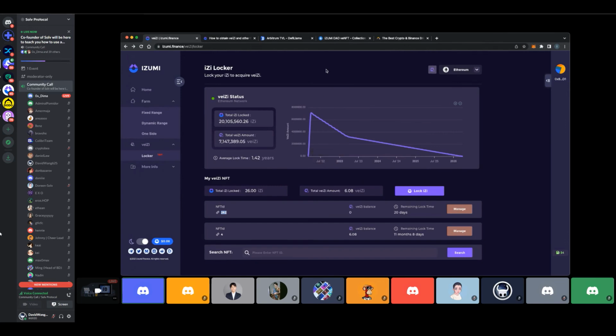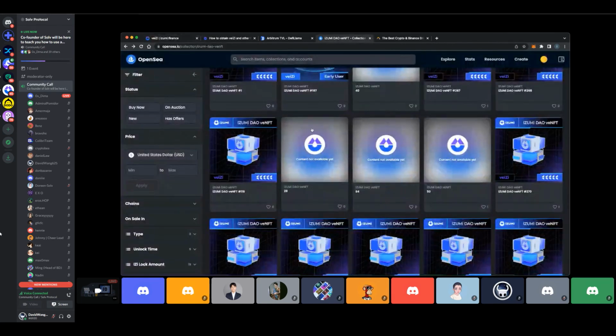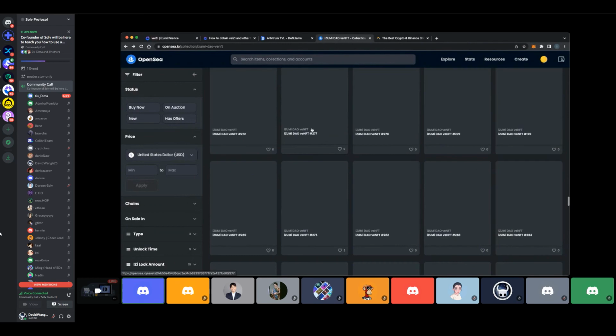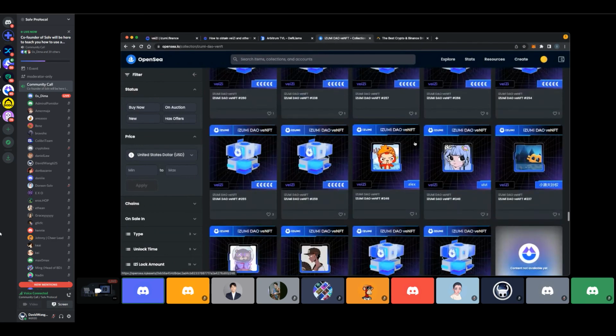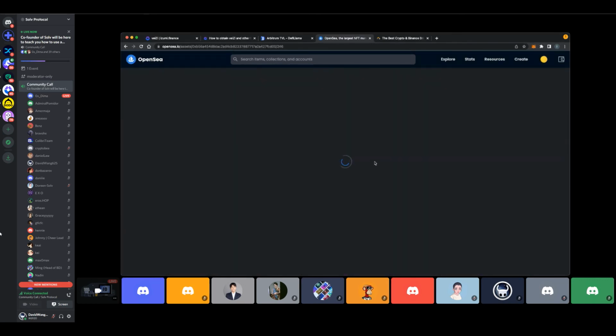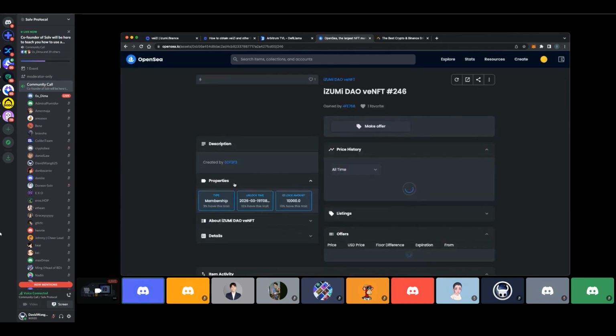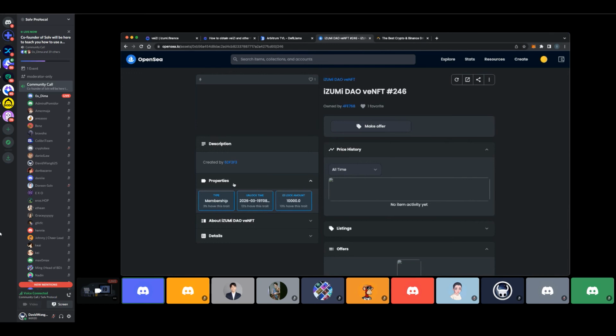Let me show you how you can sell it on OpenSea. As you can see, you can modify your NFT. And on top of that, if you want to sell it, you can easily unstake, harvest all your rewards, and just transfer it to your friends.